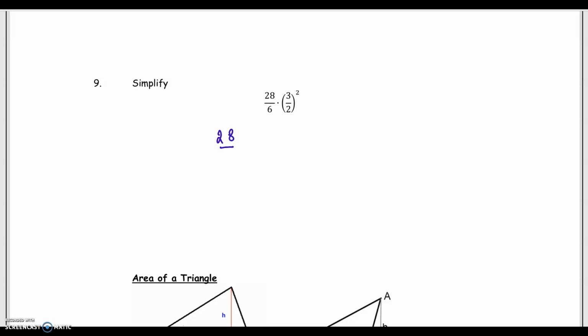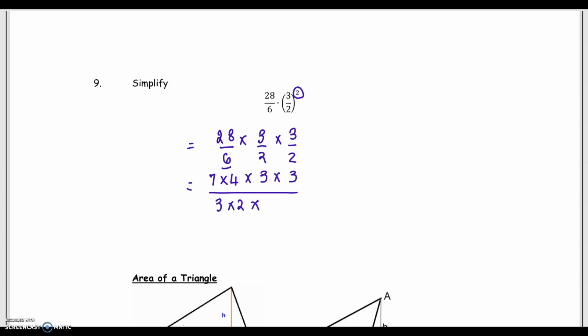28 over 6 times 3 halves squared. When you square it, you repeatedly multiply, so it's 3 halves times 3 halves. 7 times 4 is 28. 3 times 3 divided by 3 times 2 is 6. And then we have 2 more 2's.